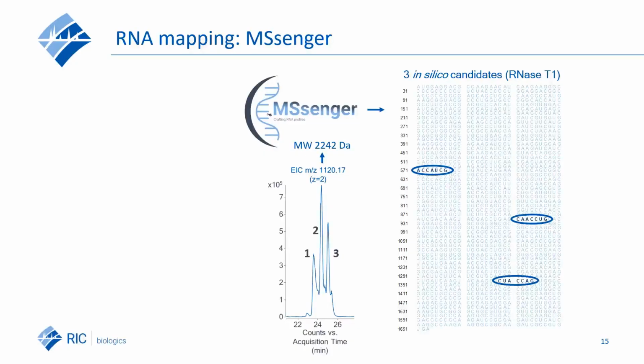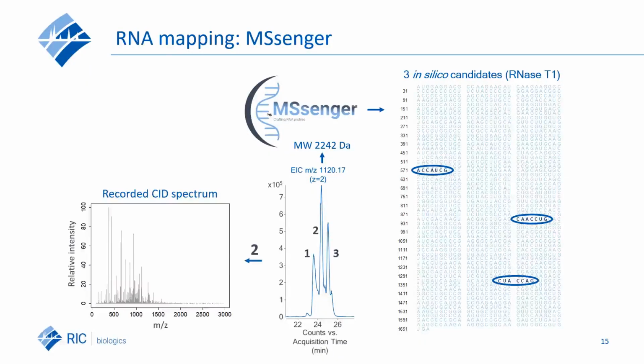But how do we know which peak corresponds to which sequence site? This requires a lot of in silico work, which we typically do via our in-house developed program Messenger. How does this program work? On the one hand, we obtain MS-MS spectra throughout the experiment.